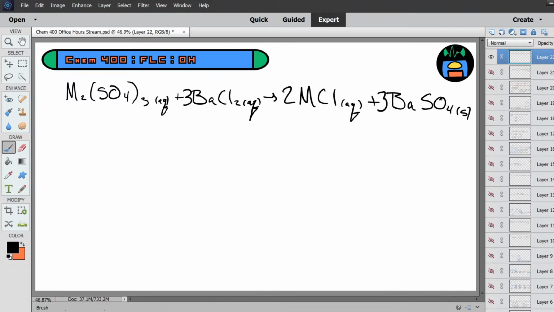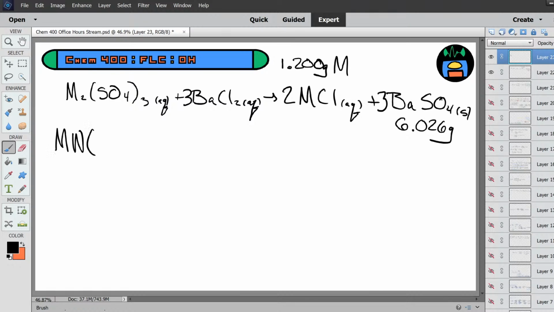They say that 1.200 grams of just the metal by itself, when it's converted to the sulfate, and then treated with barium chloride, gives barium sulfate crystals. So if we start with 1.200 grams of the metal, we get 6.026 grams of barium sulfate. And then we're asked to find the molecular weight of this metal.